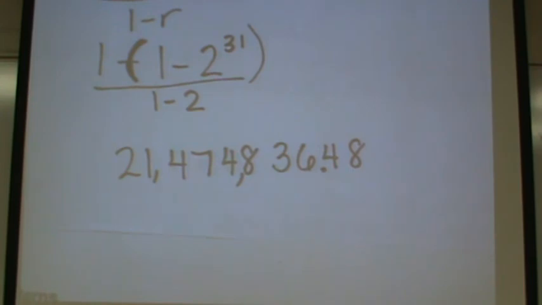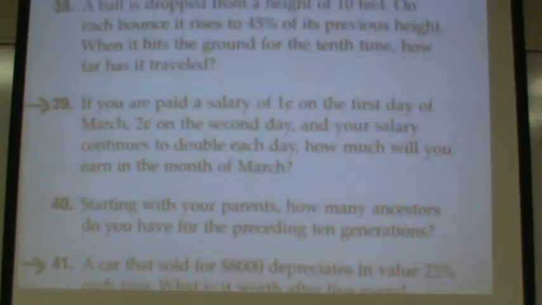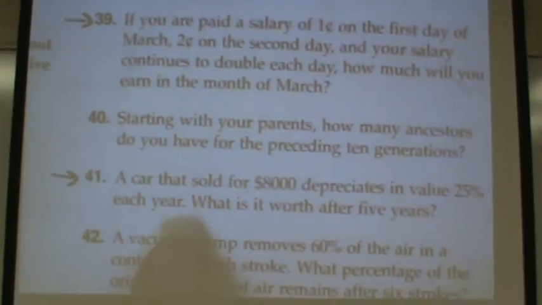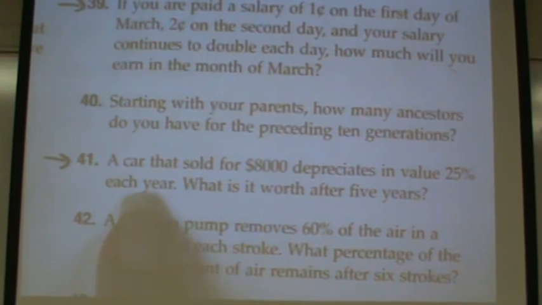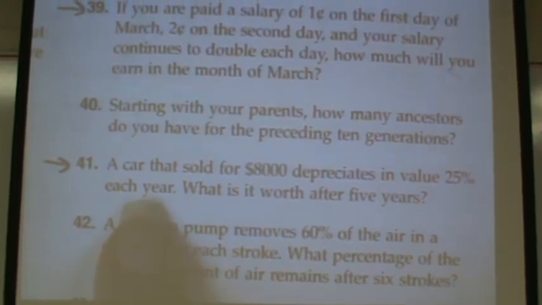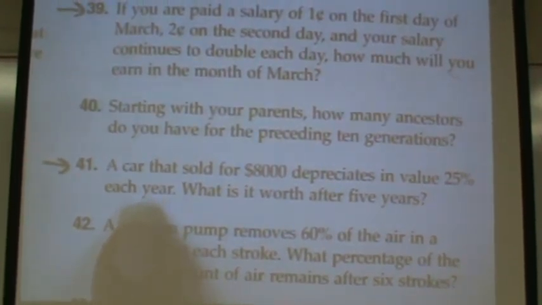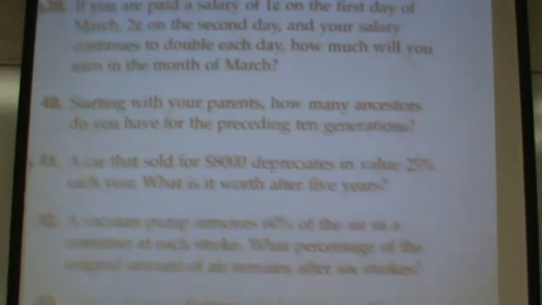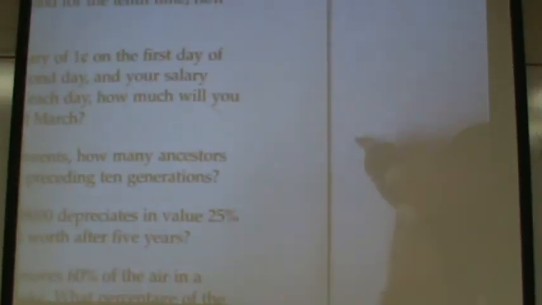Number 41. A car that sold for $8,000 depreciates in value 25% each year. What is it worth after 5 years? So this one is just a simple explicit problem for you to look at.